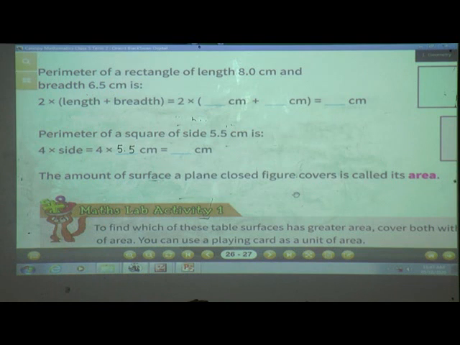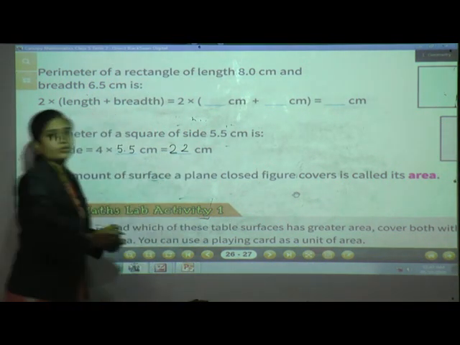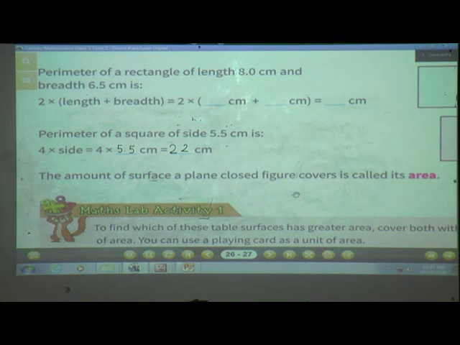So multiply 4 into 5.5, you will get the answer 22 centimeter. See students, I have now explained what is a perimeter and the formula of the perimeter of a triangle, perimeter of a rectangle and perimeter of a square.